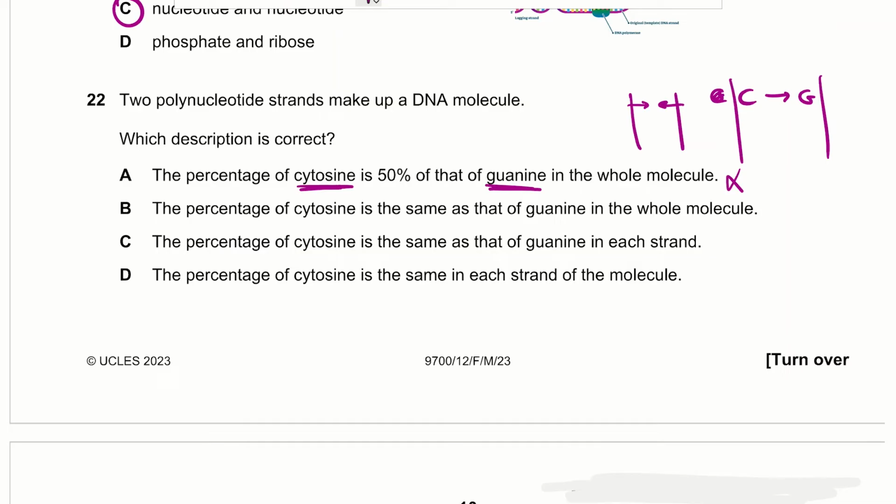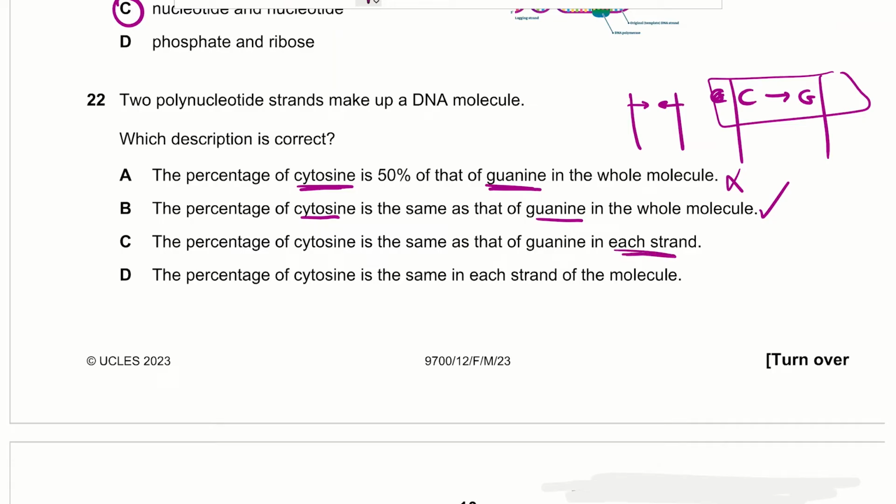B. The percentage of cytosine is the same as that of guanine in the whole molecule. Yes, this one is correct because of the rule of complementary base pairing. Therefore, this is correct. C. The percentage of cytosine is the same as that of guanine in each strand.